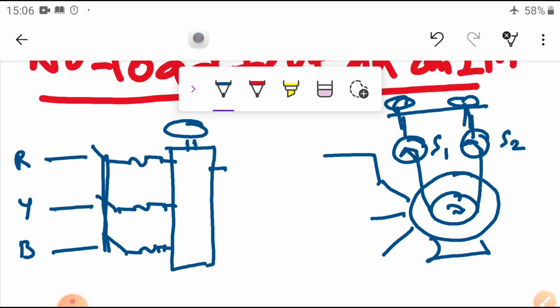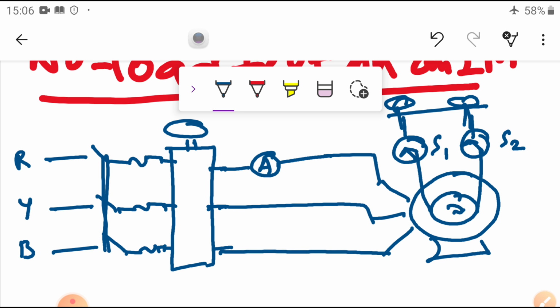From this auto transformer's output terminals, one phase, the R phase, is connected through an ammeter, and we connected this one to this one.